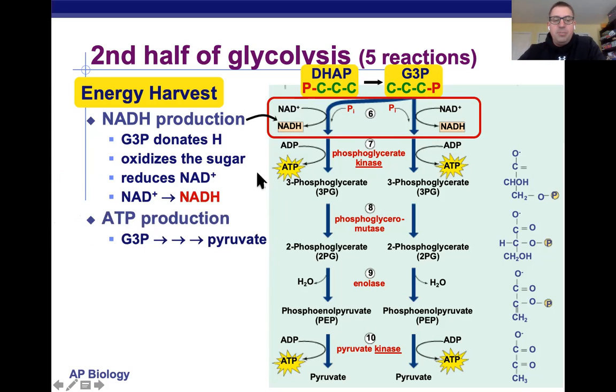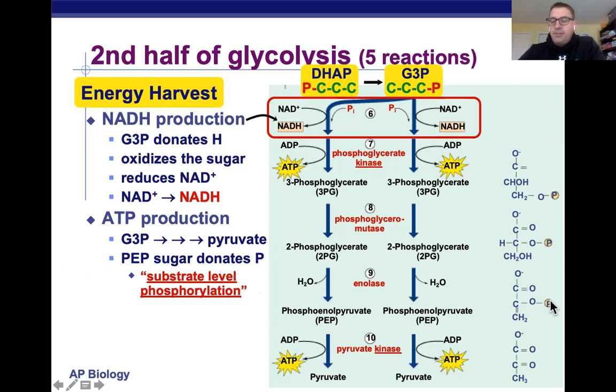We get a little bit of ATP generated here at this stage, and we also get it generated down here. So what we have here with this ATP production is that we get a sugar called PEP, phosphoenolpyruvate, that has a phosphate group on it that is going to be transferred from the molecule directly to ADP to generate ATP.